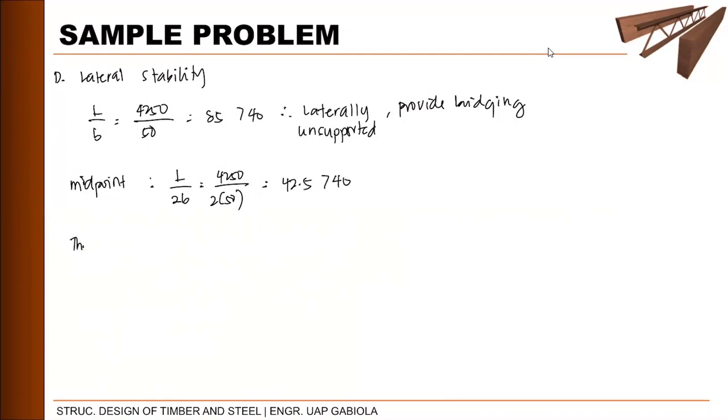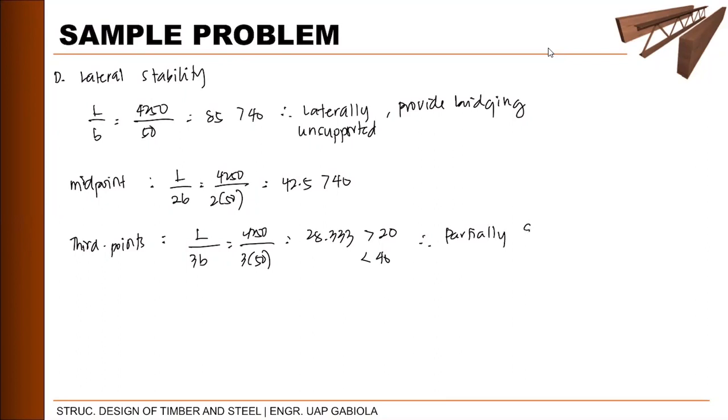By third points. So, L over 3B. So, 4,250 all over 3 times 50, which is 28.333, which is greater than 20 and less than 40. Therefore, partially supported na siya.